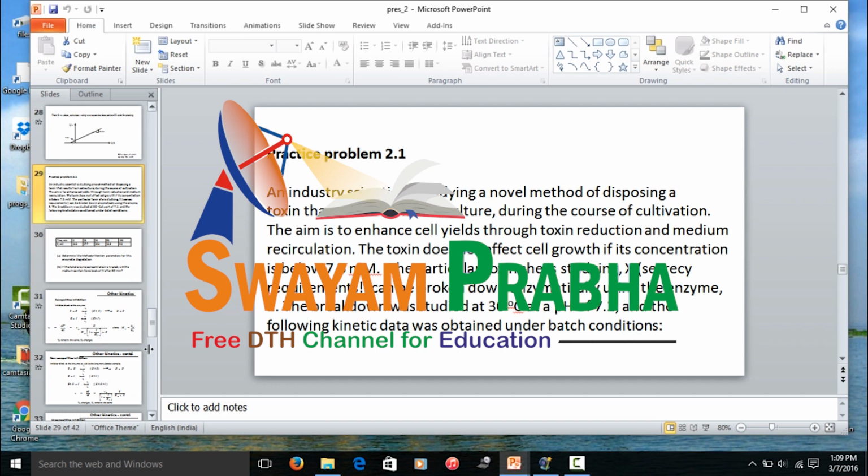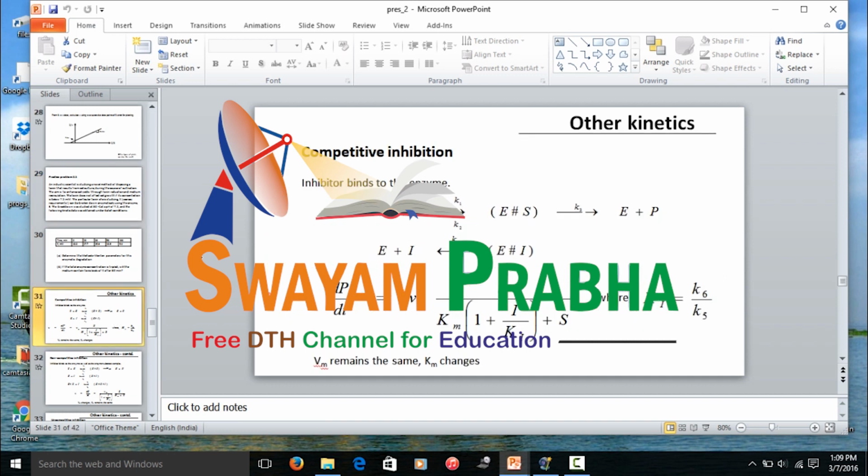Then we looked at other kinetics, especially the inhibition kinetics. We said that there could be three kinds of common inhibitions: competitive inhibition, non-competitive inhibition, and uncompetitive inhibition. In the competitive inhibition, the inhibitor binds to the enzyme and thereby inhibits the rate of the reaction.